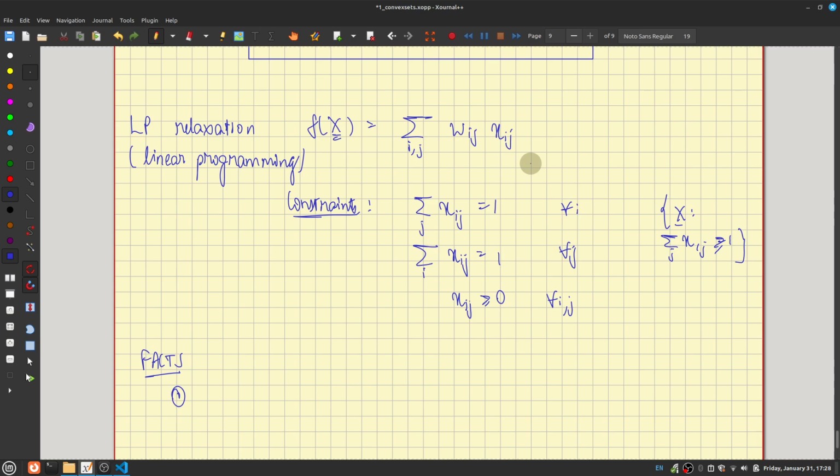Yeah, it's a polyhedron, right? You take any linear program where each constraint is linear. Each linear constraint defines a half space, and you have finitely many linear constraints. So in the end, the constraint set is just going to be a polyhedron.